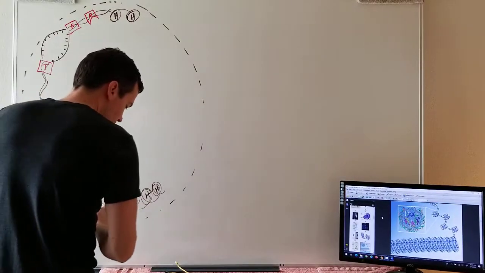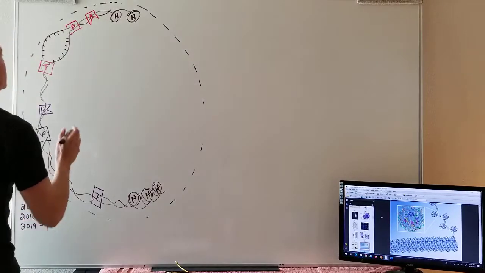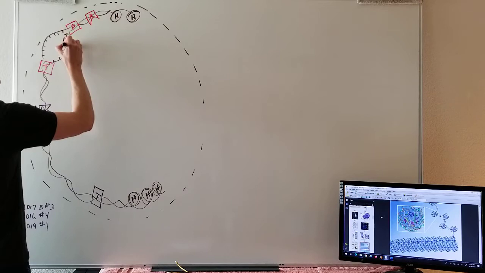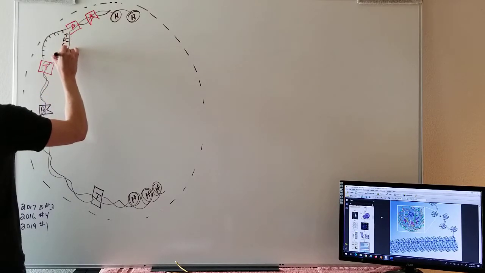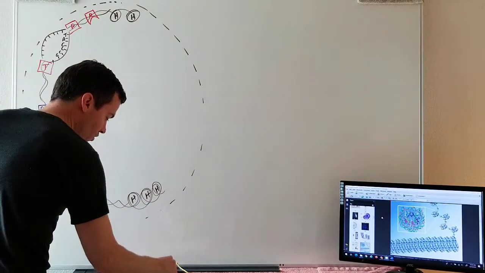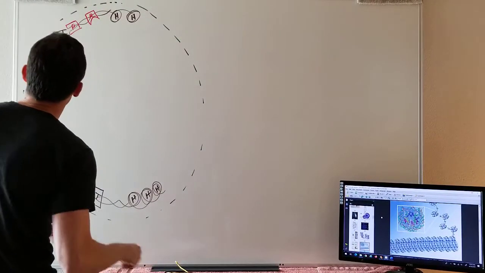So over here, if this was T, A, C, C, C, G, or something like that, then it's going to find the corresponding piece of RNA. I'll make that purple.